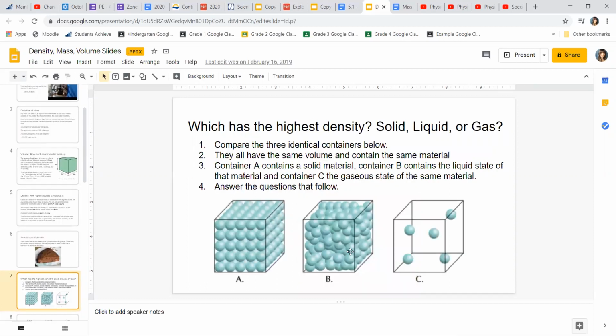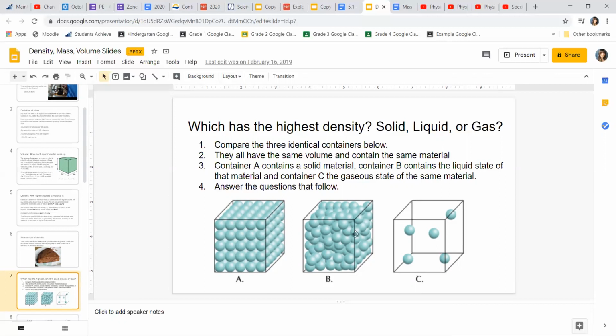Okay, so now we're going to look at density here. We have 3 identical containers. Obviously you can see here that container A contains solid material, because look at how tightly packed that is, and it's all uniform. It's uniform in its proximity to each other, and it's also very tightly packed.